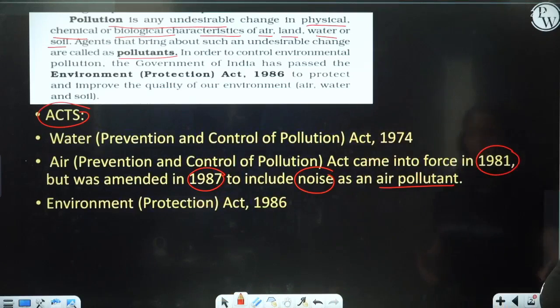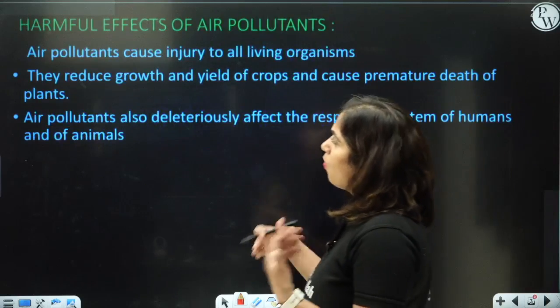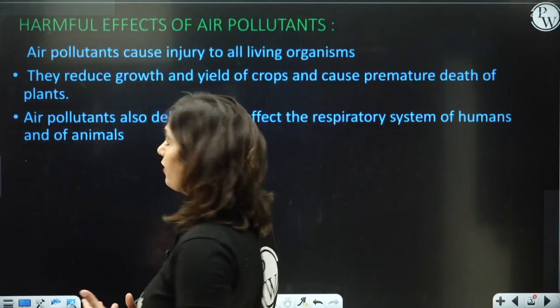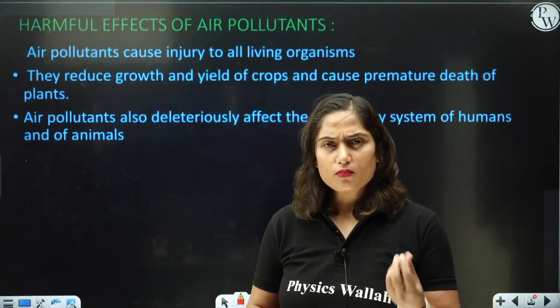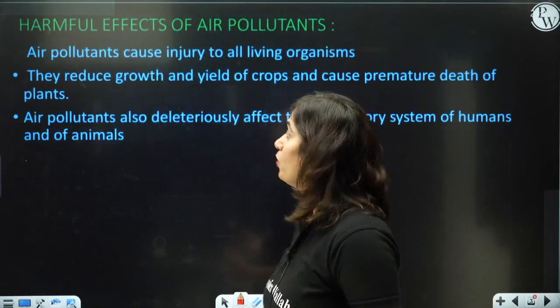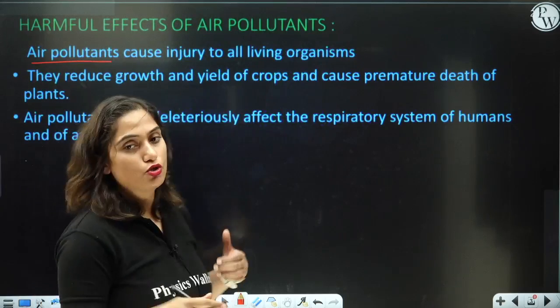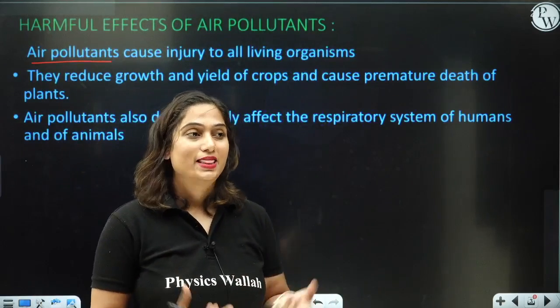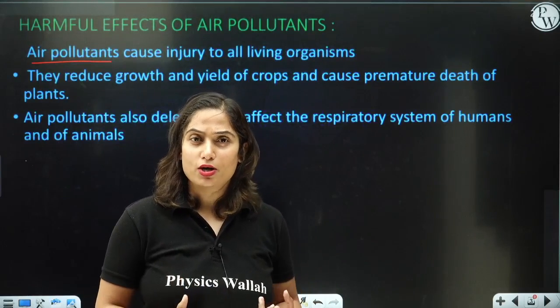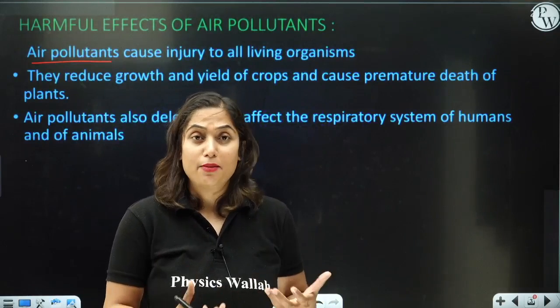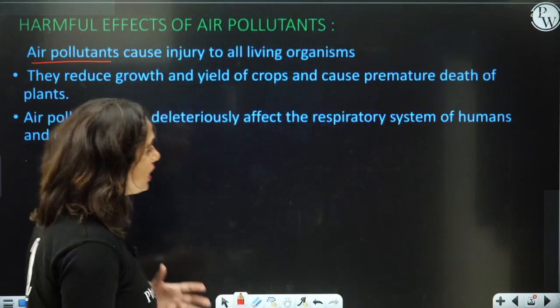Now let's move on further: what are the harmful effects of air pollutants? What do air pollutants do? First of all, air pollutants can cause injury to living organisms, right? They can cause injury to our internal organs, they can cause asthma, they can cause damage to our lungs. Then what else can they do?